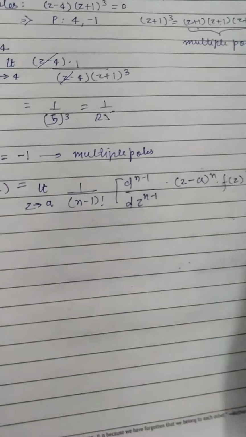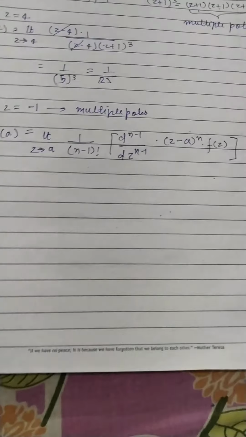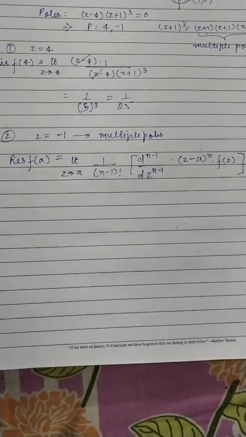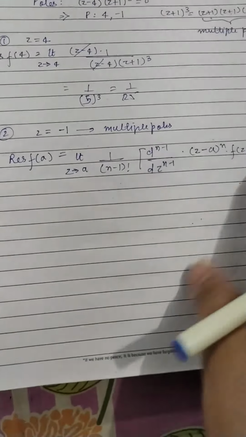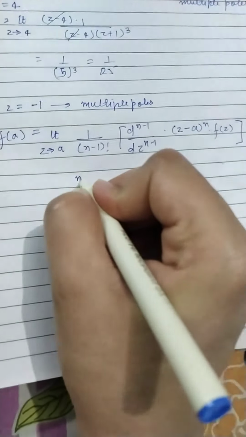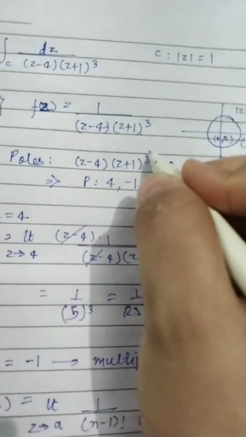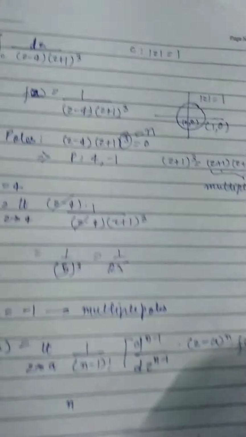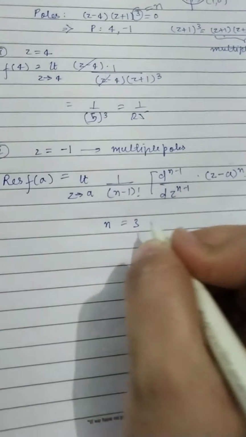This is the general formula which we use for finding the residue of multiple poles. Here n is the power, so n equals 3.